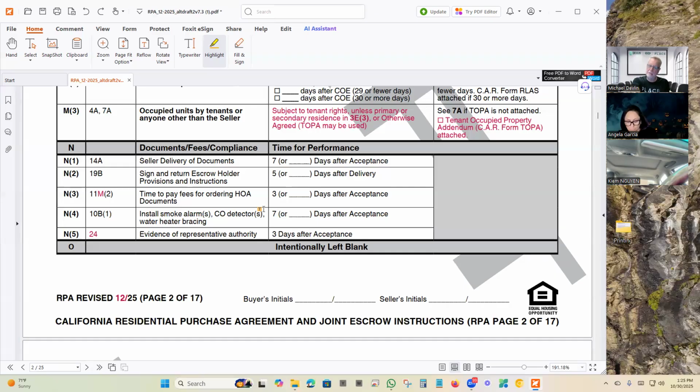So if you hand somebody the TDS form, they have 3 days to rescind the contract. If you email them the form, which is what's done most of the time, they have 5 days to rescind the contract. However, if you give them the TDS before they write the offer, they have 0 days.